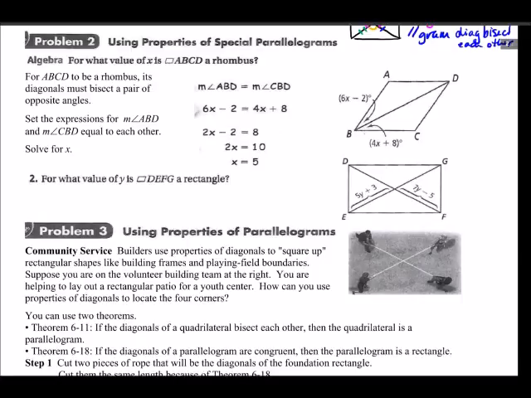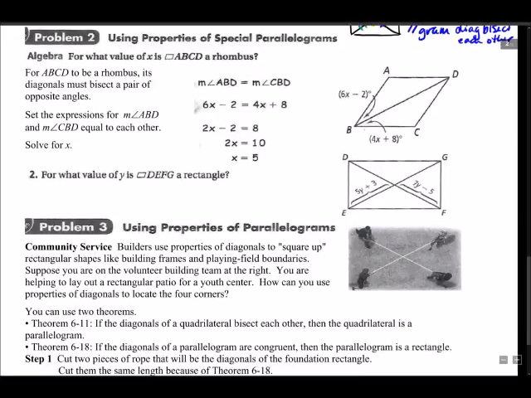Using our properties. So to me, this says algebra. So for what value of x is parallelogram ABCD a rhombus? Well, we know we have a parallelogram, and what special properties does a rhombus have?